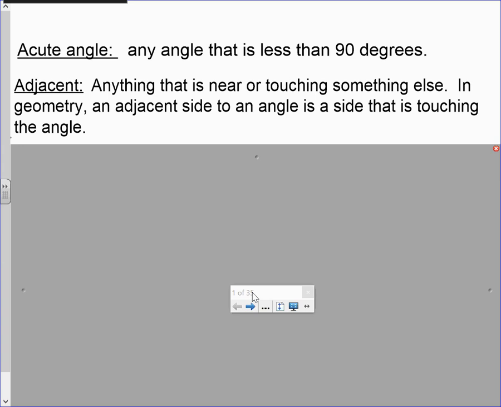Anything that is near or touching something else. In geometry, an adjacent side to an angle is a side that is touching the angle.